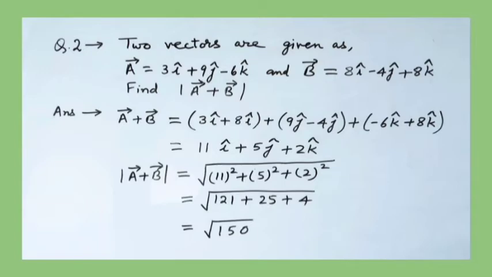The magnitude of vector A plus B is therefore equal to under root 11 square plus 5 square plus 2 square, which is equal to under root 150.